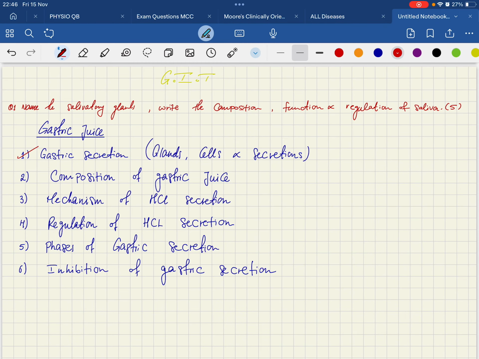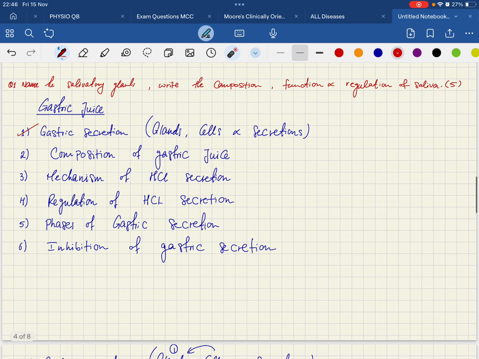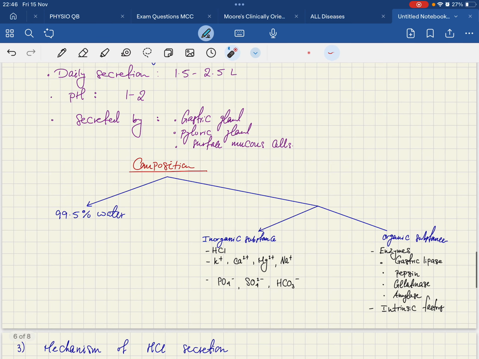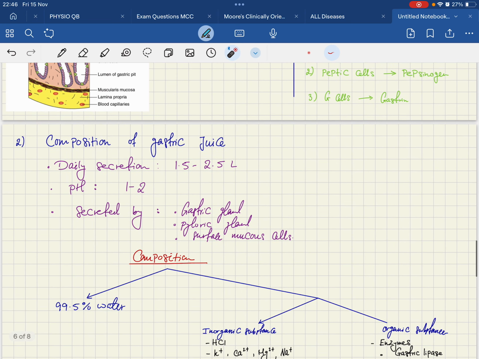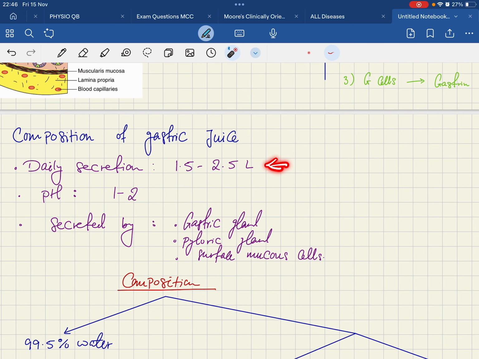Okay, so now let's move on to the composition of gastric juice. Very easy. For the gastric juice, first of all, the daily secretion will be from 1.5 to 2.5 liters.